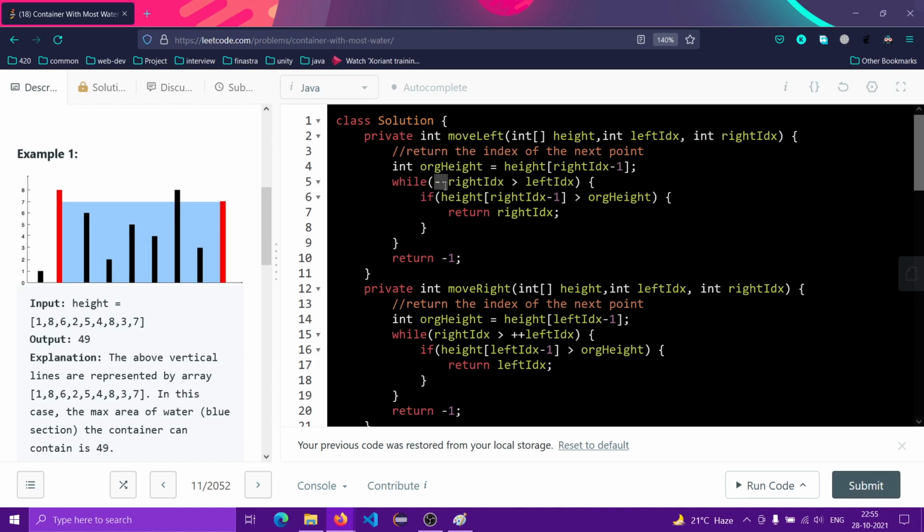Why did I put minus minus inside? When you write the code yourself, you can write it any way, and you'll understand it better. The important thing is to understand the logic, and the logic is very simple. We keep moving inwards till we find a height that is greater than our current height.